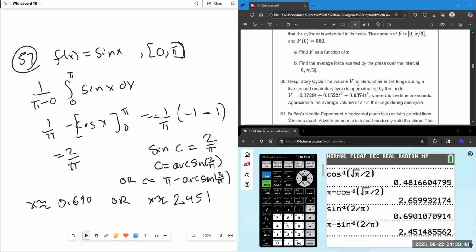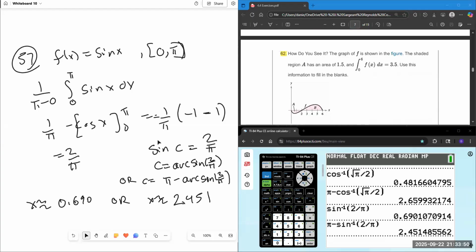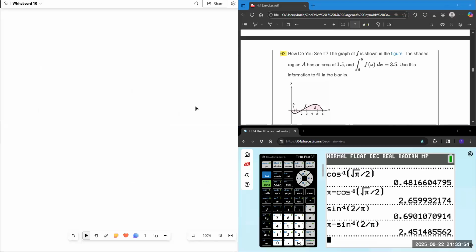Got number 62 to wrap everything up, and it's multiple parts. So we have a little picture here that has this area A that's below the curve, and this area B. A is below the x-axis, B is above the x-axis.